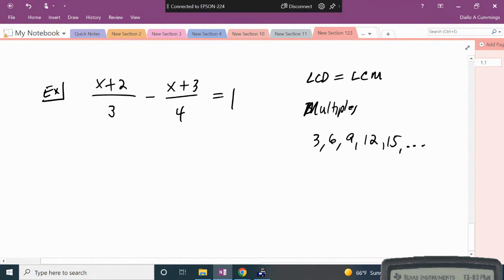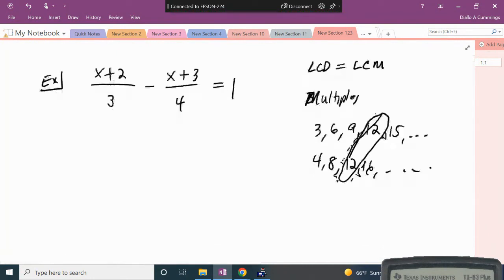The multiples of 4 are 4 times 1 is 4, 4 times 2 is 8, 4 times 3 is 12, 16, so on and so forth. So the least common denominator, which is the same as the least common multiple, is going to be 12.